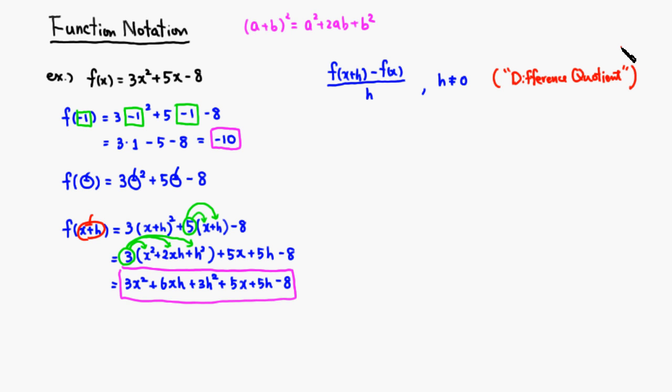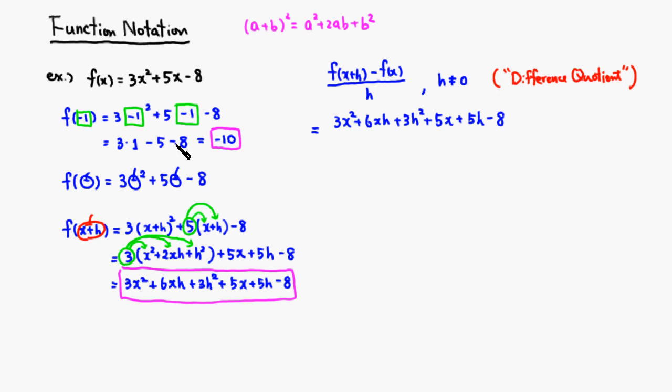Let's try to find this expression for this same function, f of x equals 3x squared plus 5x minus 8. Since we already found f of x plus h, I'm using the previous result. So I'm just going to copy 3x squared plus 6xh plus 3h squared plus 5x plus 5h minus 8.